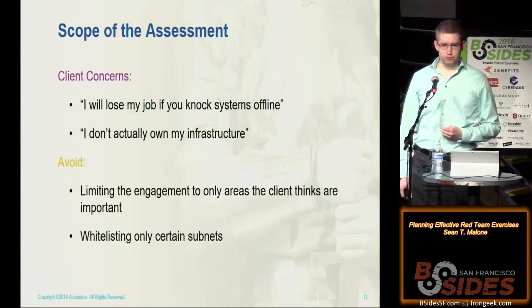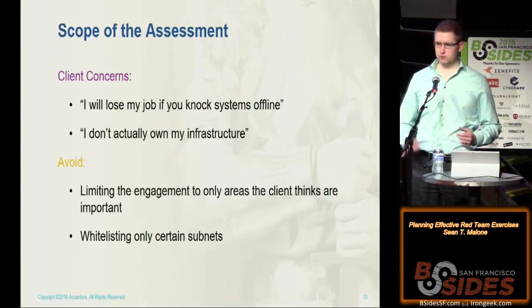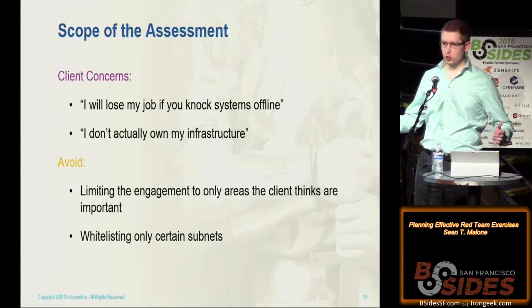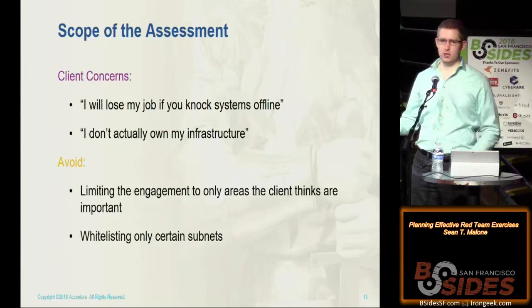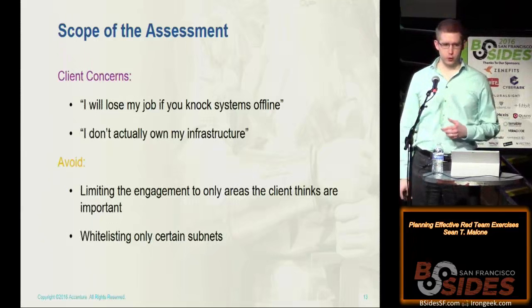Client concerns. Availability is usually the largest one. If I give you this full authorization to attack any component of my enterprise, I'm not going to know where you're attacking, and I'm not going to know what concerns those system owners may have about those going offline.